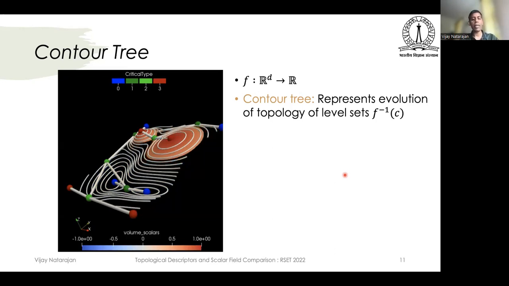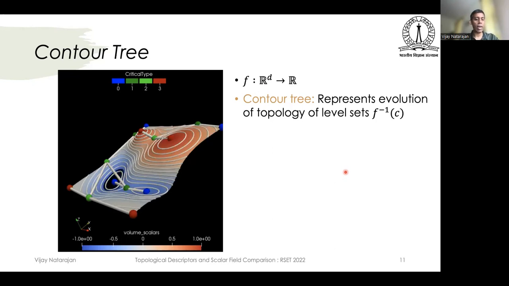Just for simplicity and for reasons of ease of illustration, we use the height function, or the vertically increasing function. So let's look at this sweep again, and we will notice that the tree that is overlaid on top captures what is called the level set topology of the pre-image, right?